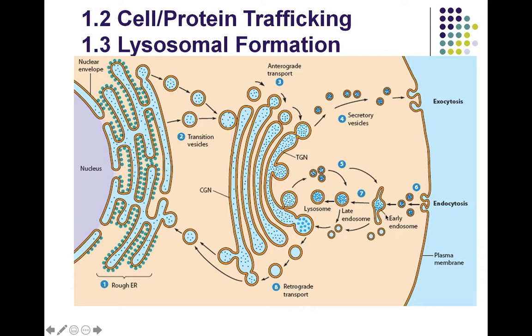So, maturation of transport vesicles or endosomes allows the delivery of the cargo primarily into the lysosome or the Golgi network or back to the ER, depending on certain factors.